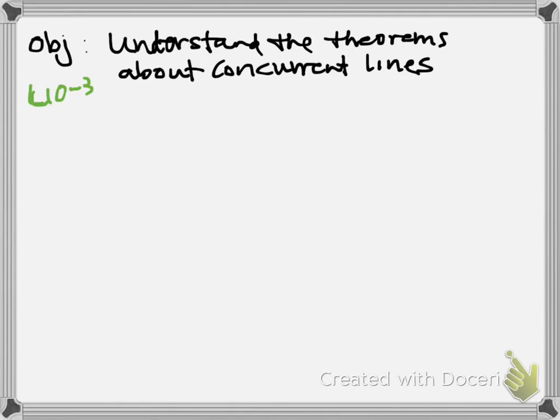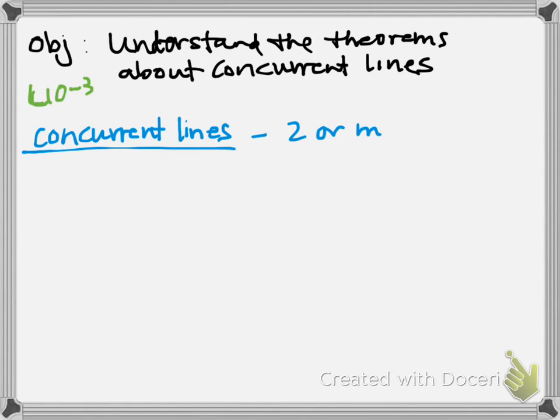So let's start with our vocab word. What are concurrent lines? They are two or more lines that intersect in one point.